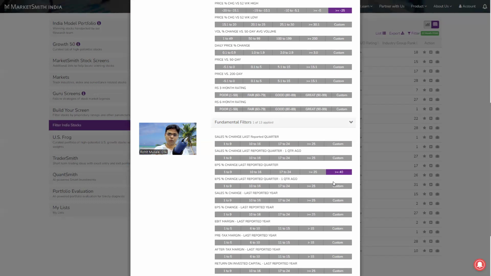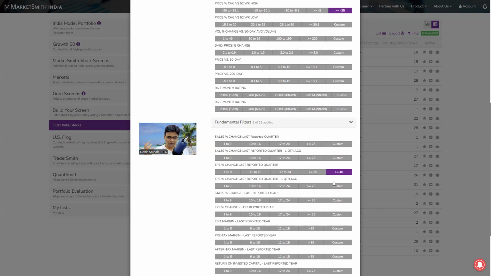Take the June quarter and compare it to last year's June quarter results. And if the earnings have gone up 40% or more, that's a stock which is most likely to outperform the overall market based on statistical and historical data. And this statistical historical data, the credit goes to MarketSmith and William O'Neil and Company.